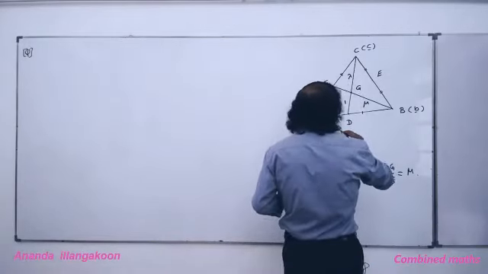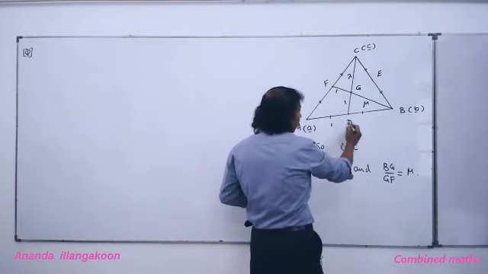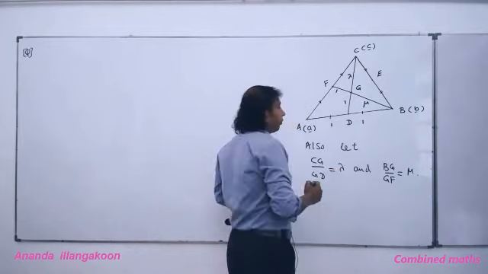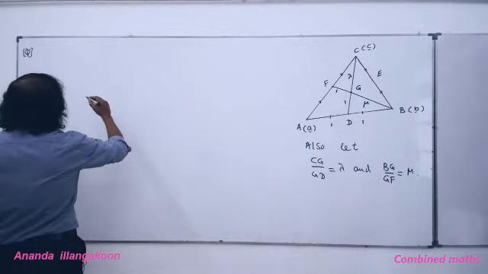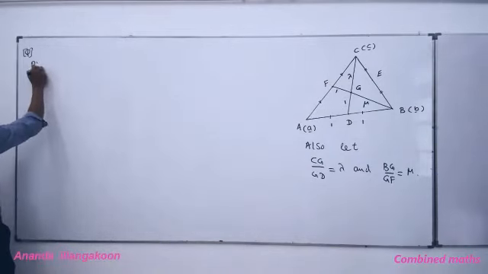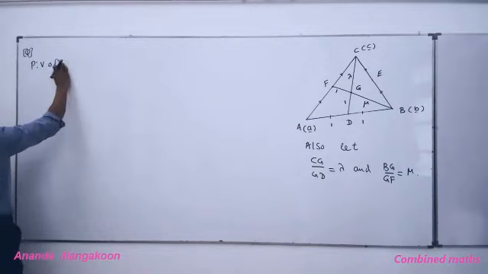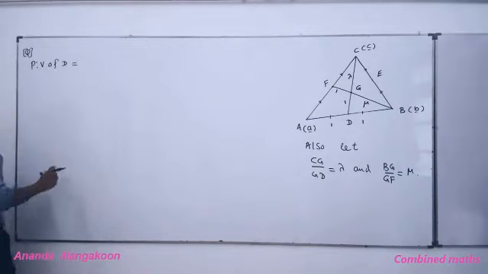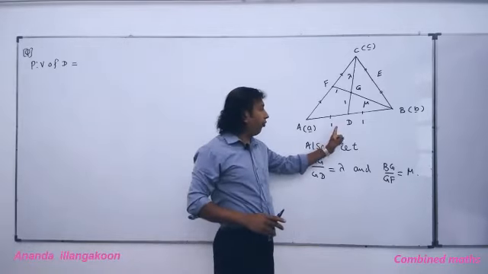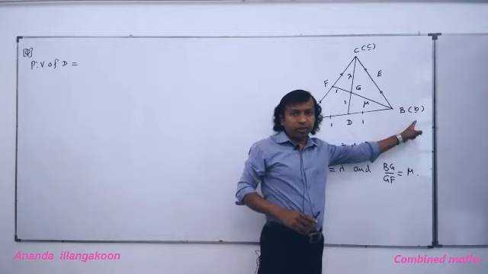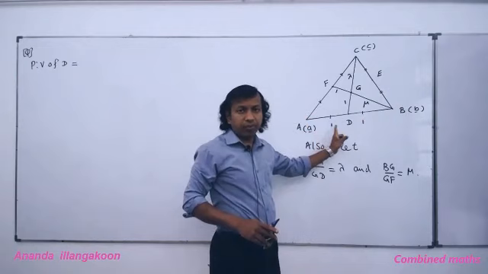Now, this point D is the midpoint. Therefore, the ratio is 1:1. I can take the position vector of point D. How to take that one, people? Since D is the midpoint, 1 into B plus 1 into A divided by 1 plus 1.